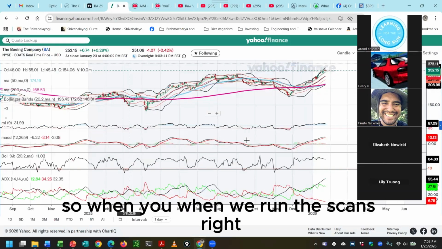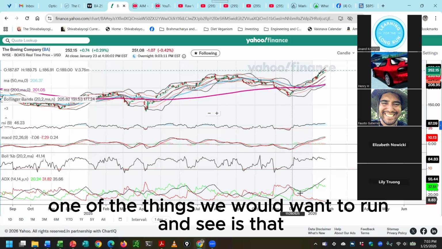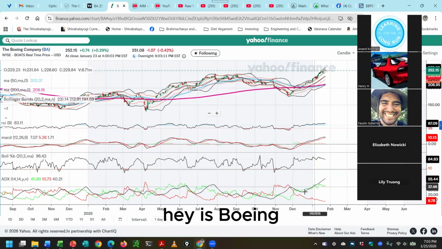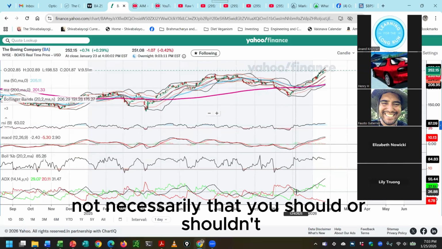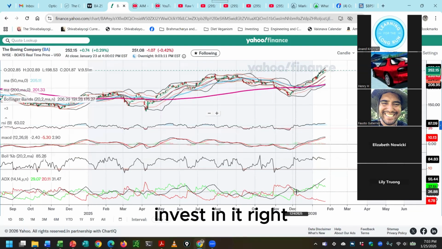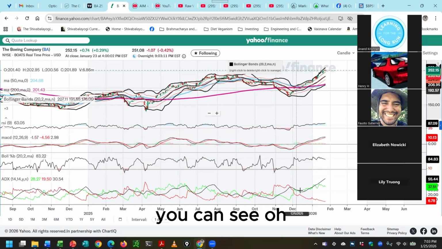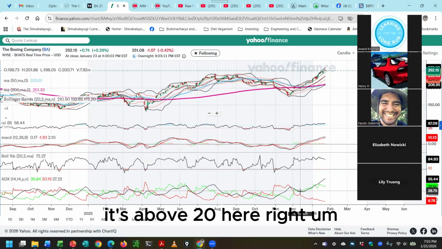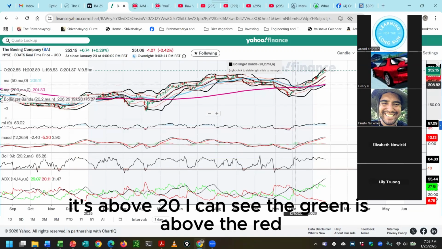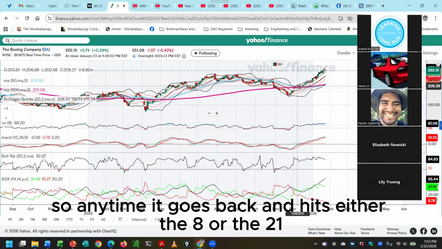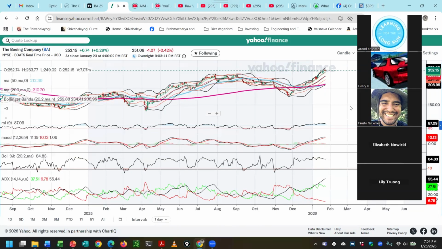When we run the scans, one of the things we would want to see is, hey, is Boeing, and I'm just giving Boeing as an example, not necessarily that you should or shouldn't invest in it, above 20 here, right? Okay, so what do I do now? It's above 20. I can see the green is above the red. So anytime it goes back and hits either the 8 or the 21, I'm looking to buy, right?